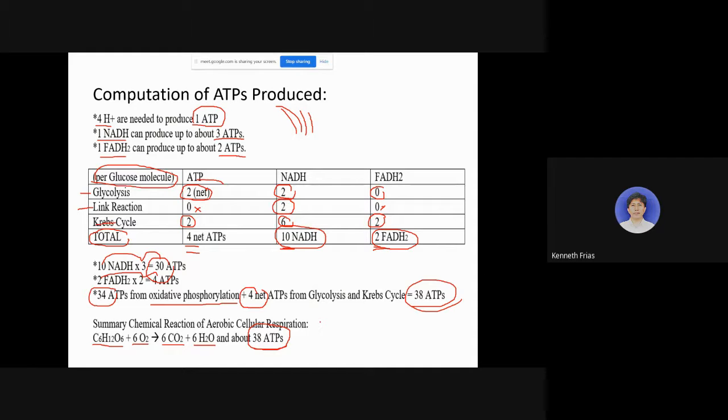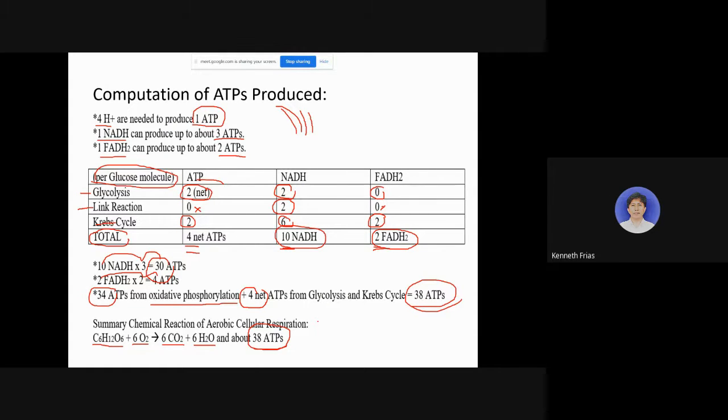Now, remember that these are just estimates because these are based on experiments. So different literatures have different recommendations or discussions about this.